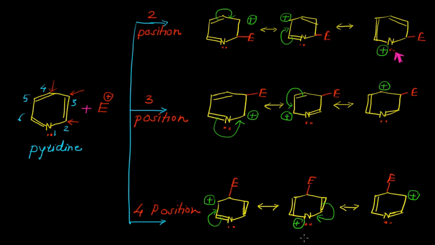Here also in this case we have a positive charge on this nitrogen. It means that when we do the electrophilic substitution at position 2 as well as 4, these two positions are a little bit unstable, and position number 3 is the more predominant position when we do the electrophilic substitution reaction. This means that the electrophile will come predominantly at position number 3.